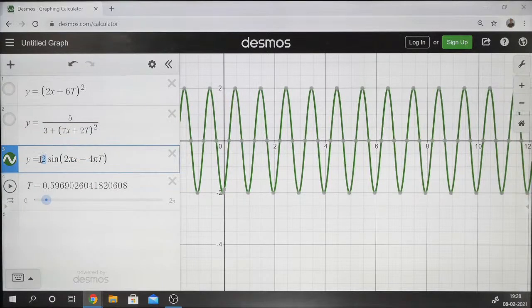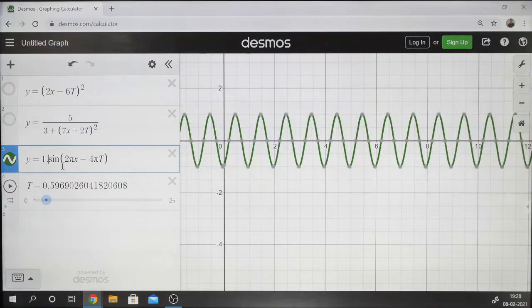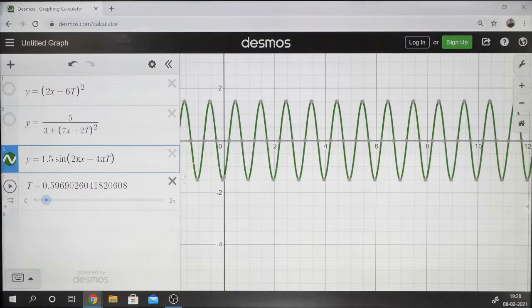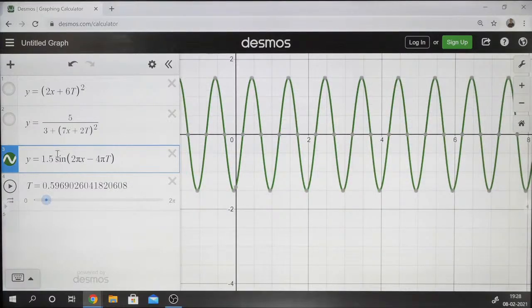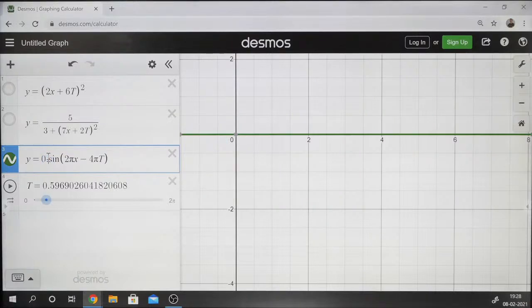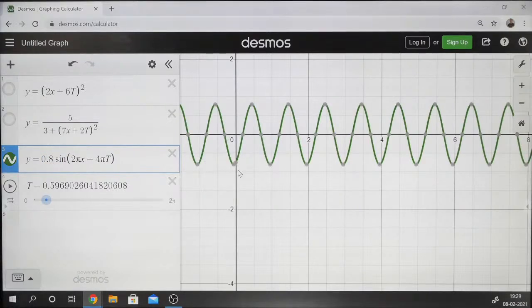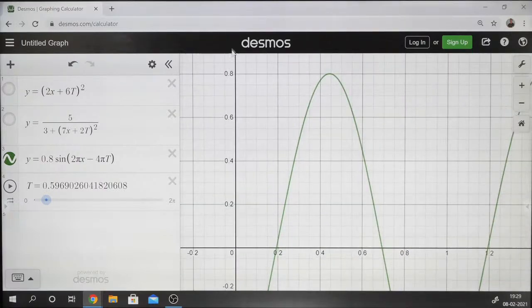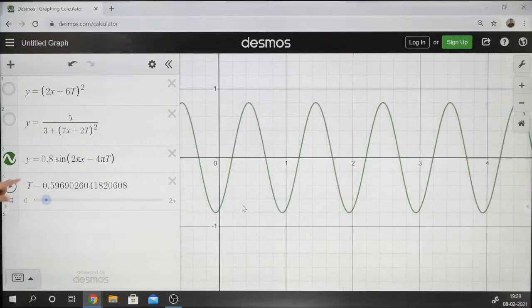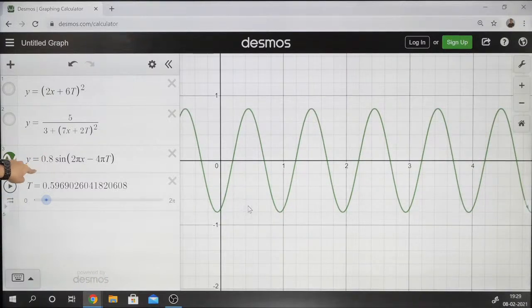Now instead of this 2, if I write 1.5, you can see the amplitude will reduce to 1.5. Similarly, I can make it something else, maybe 0.8, then you will see the amplitude reduces even further. You can see the amplitude is 0.8. So the amplitude depends on this number over here.